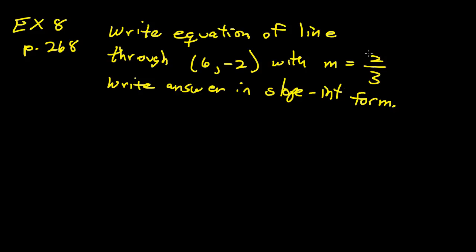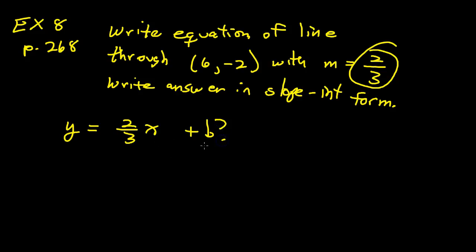All right, again, similar to the last one, I know the slope is 2/3. Right away, I know my line is going to look like this. But I don't know the y-intercept. What I can do is plug in these x and y values that I do know. When y is -2, x must be 6, and I can then solve for the unknown y-intercept.